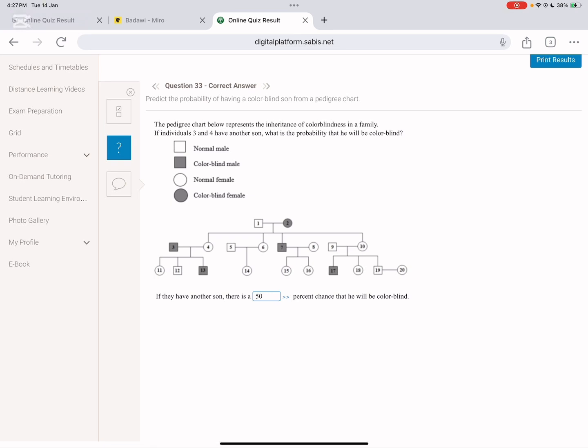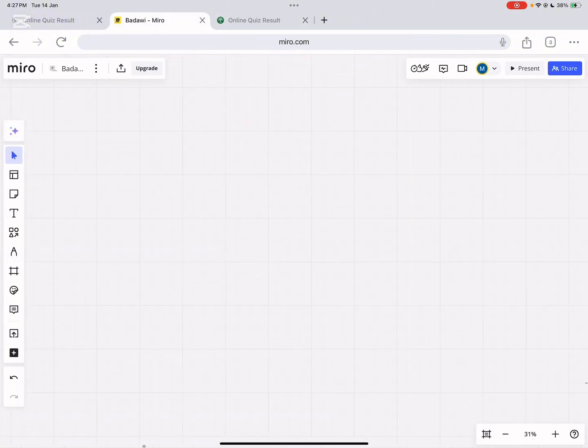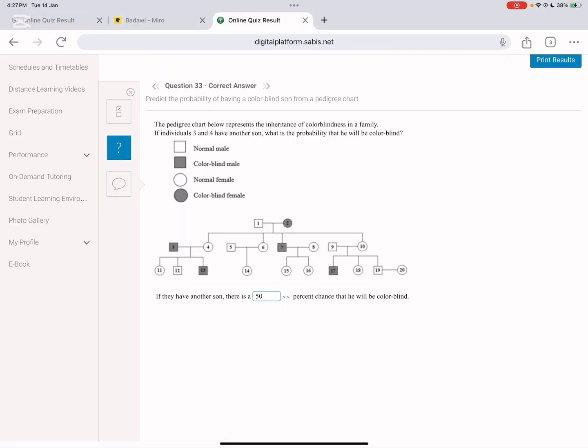Now, what do you guys know about color blindness? Color blindness is an X-linked recessive disease. And look how we can also know from the pedigree. Before I tell you, think about it very quickly. What did we say about X-linked?